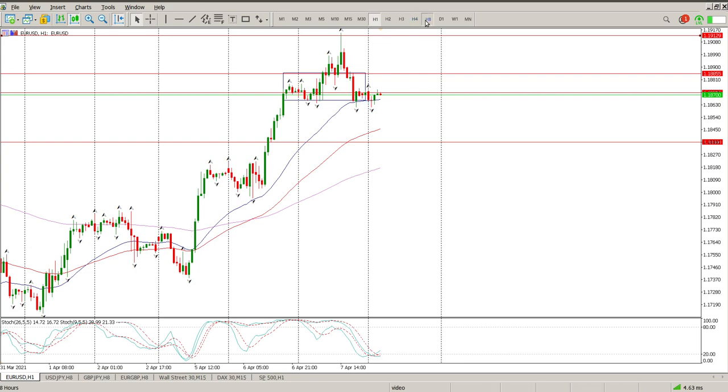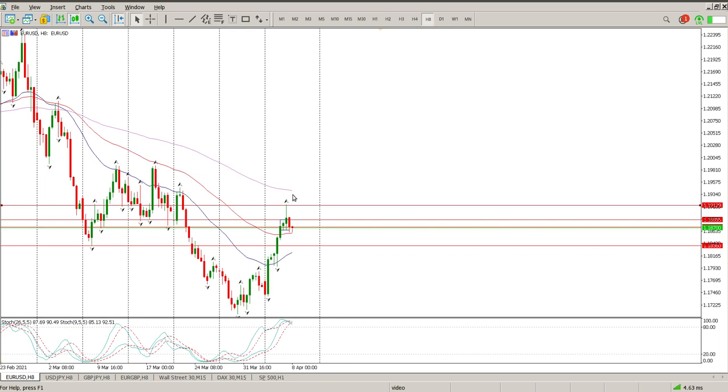If you come back to the 8 hour, you can see we've broken through the 33 and the 66 EMAs at the moment. Still below the 155, so that's the one thing. But the reality is we've got a pretty clear break here, and it does look like we're trying to prop ourselves up for a move to the upside.